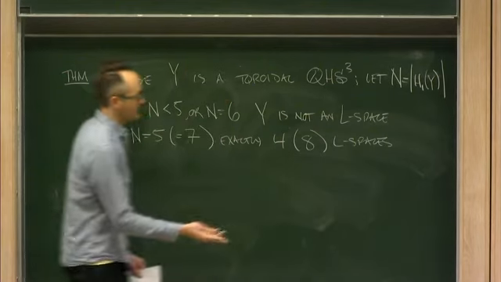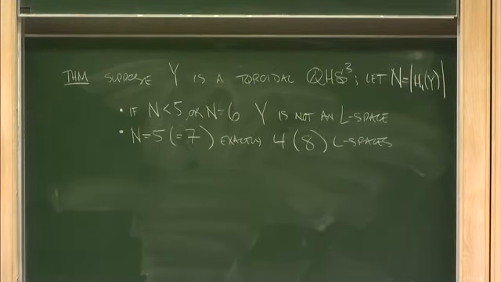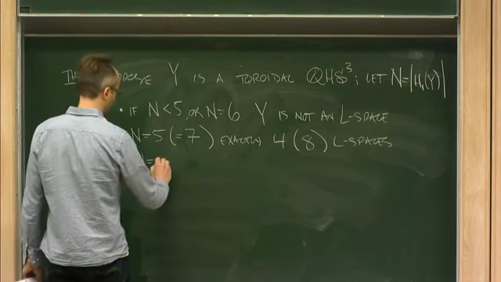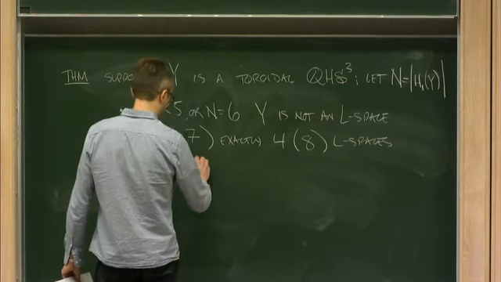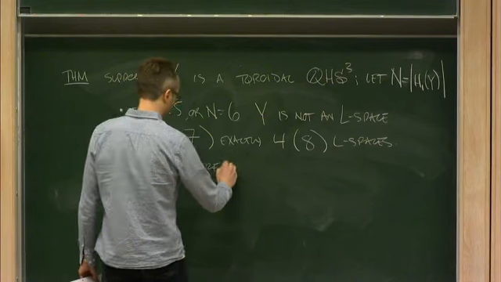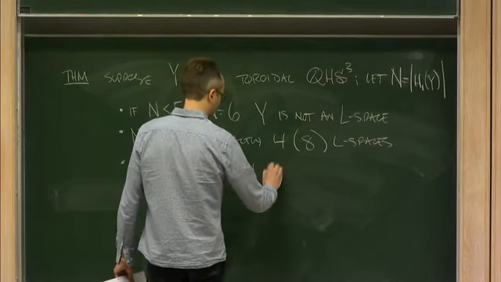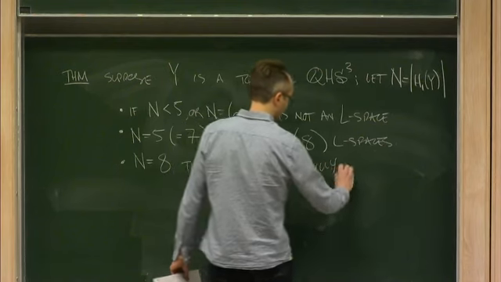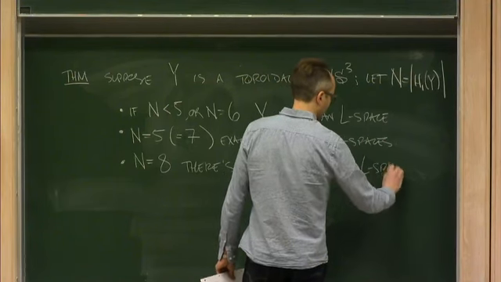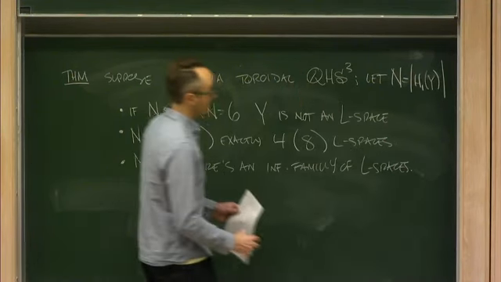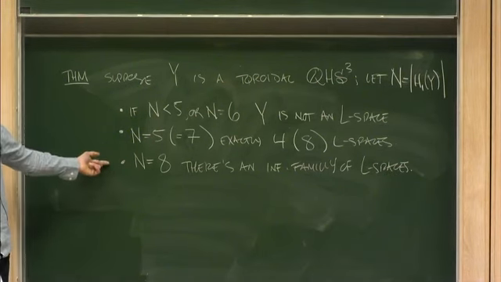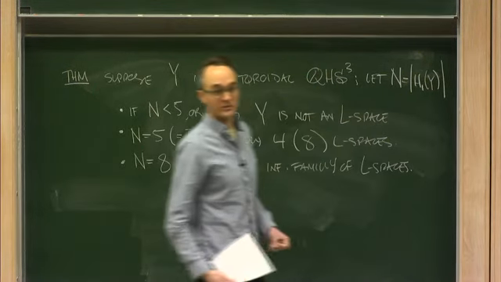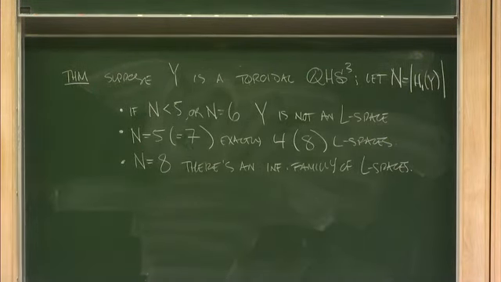In fact, all of these are gluings of trefoil exteriors. And then, when do I get the first infinite family? At n equals 8. And indeed, how do you get this? You get it by gluing a trefoil exterior to a twisted I-bundle over a Klein bottle. So the twisted I-bundle over a Klein bottle will allow you to make infinite families.